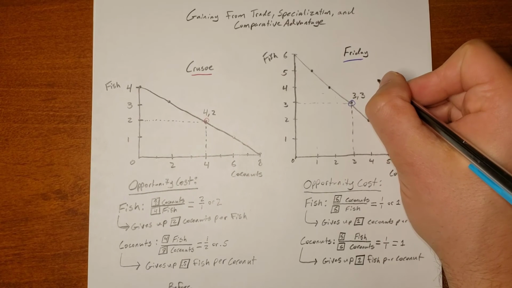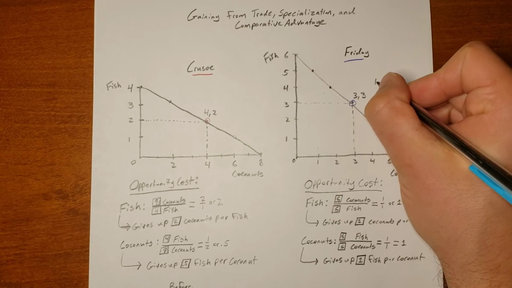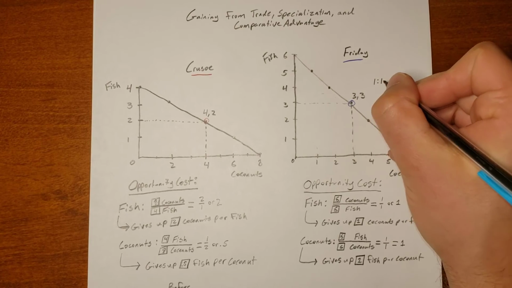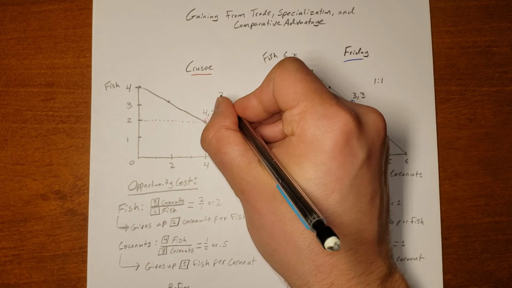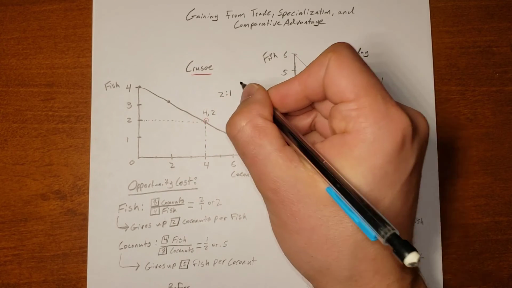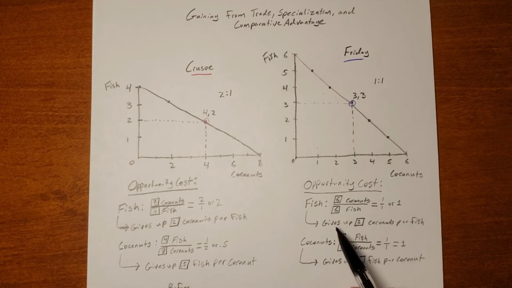So we see that Friday has an opportunity cost, or a ratio, of 1:1, and Caruso has a 2:1. But again, I want to emphasize the importance of writing it out in this way. That way we're sure of what we're talking about.